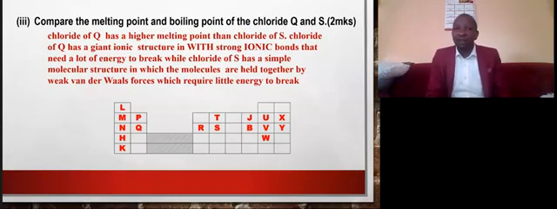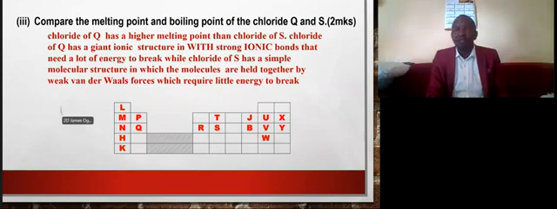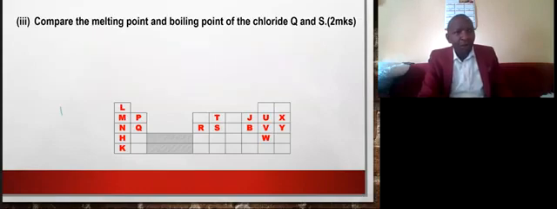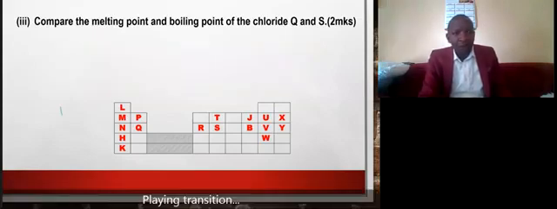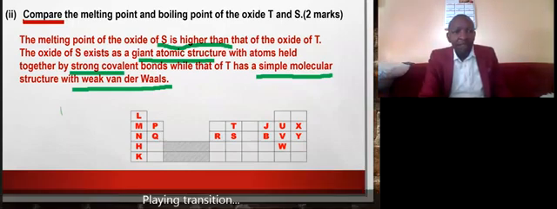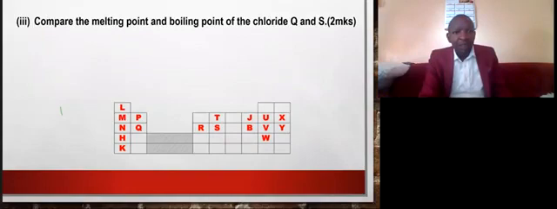Are you getting the concept right? Excuse me, sir. Before you explain this point, can you go back to the other question so that you can screenshot the answer and the question that you're doing? No problem. This one. That one. Yes, sir.